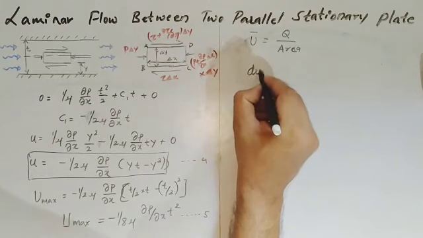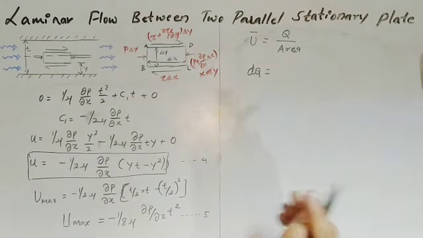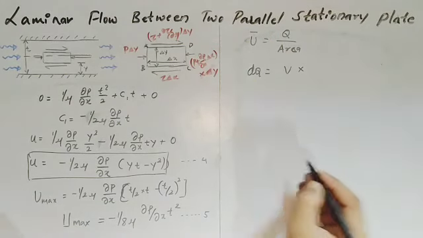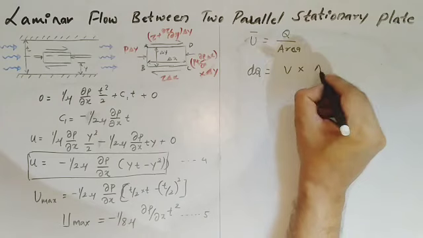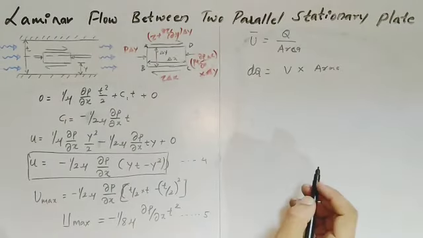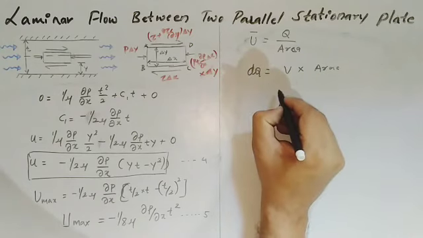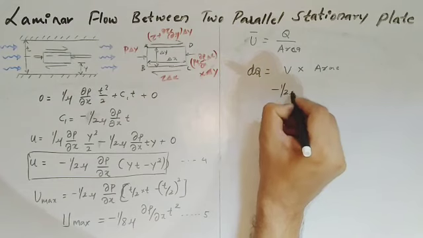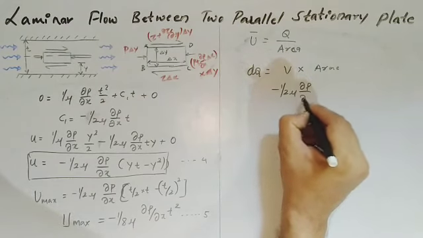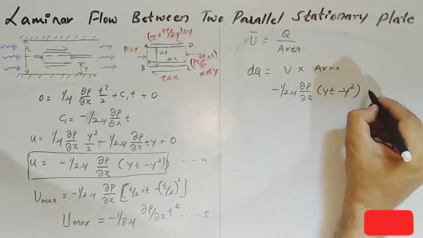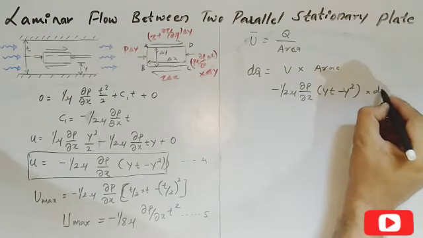Now dq, the discharge through this pipe, is nothing but velocity at a distance of y into the area of this elemental strip. The velocity we have already calculated, so that is minus 1 by 2 mu dou p by dou x (yt minus y square), area is into dy.